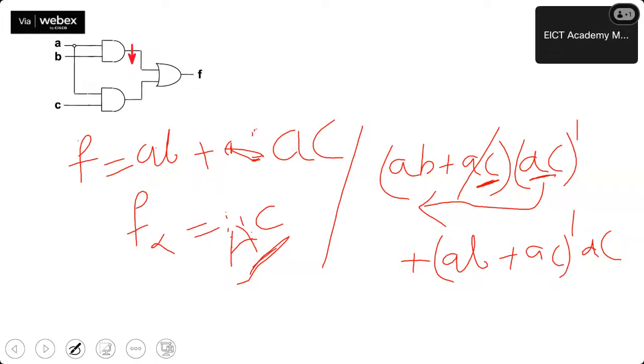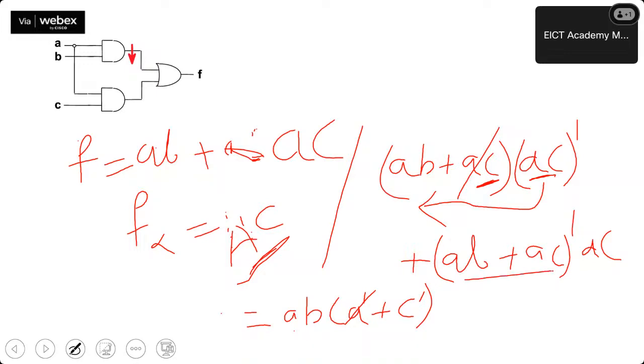What is left over here is AB ANDed with AC dash. That is one thing. So first you are left with AB ANDed with AC dash. Apply De Morgan's law, you will have A dash plus C dash. A dash ANDed with AB is going to cancel away. So you are left with AB plus C dash, right? You are left with this.